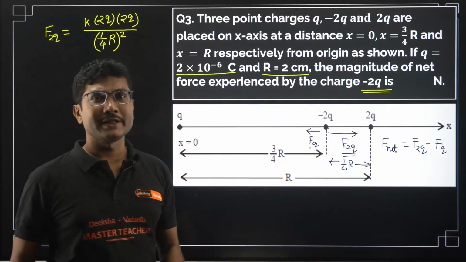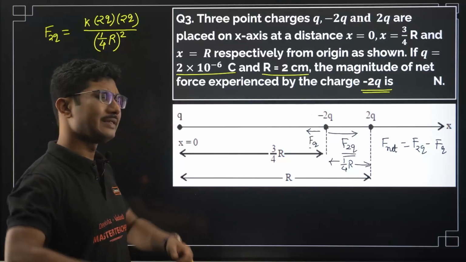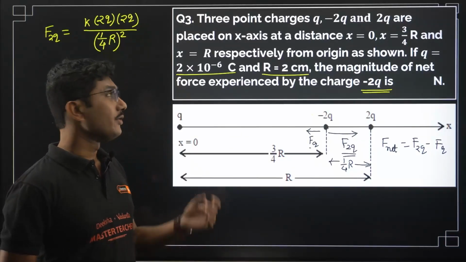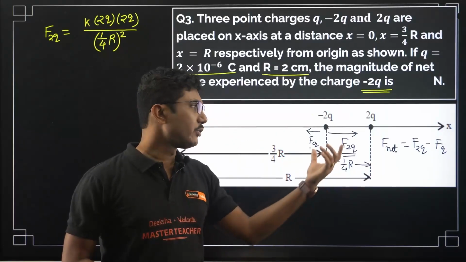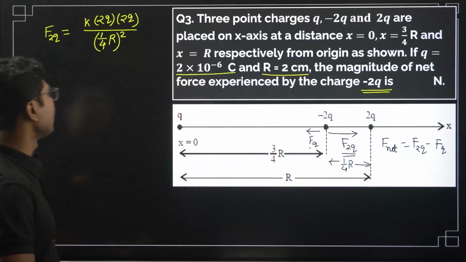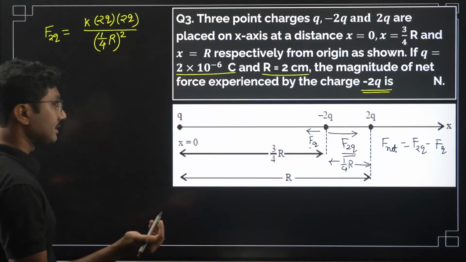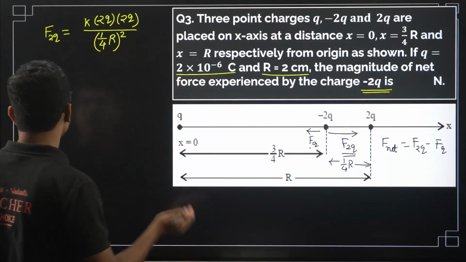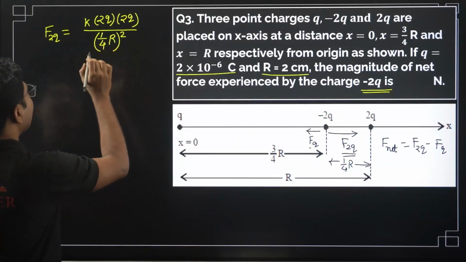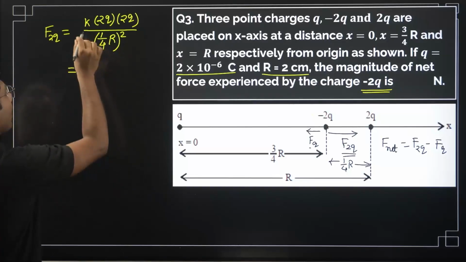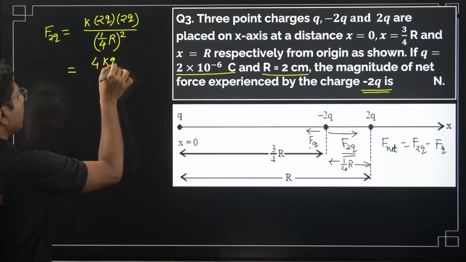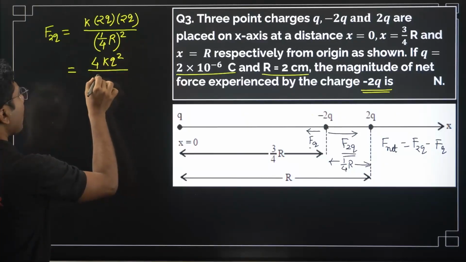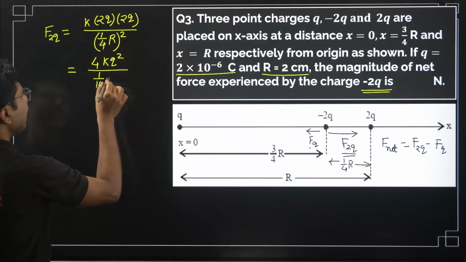So when you are finding the expression for force, in fact in case of fields also, if you are aware what is the direction, then you do not need to add the sign of the charge. If you are sure about the direction, that is the very, very important thing. Right? Now let's simplify it. 4k q square by 1 by 16 r square.